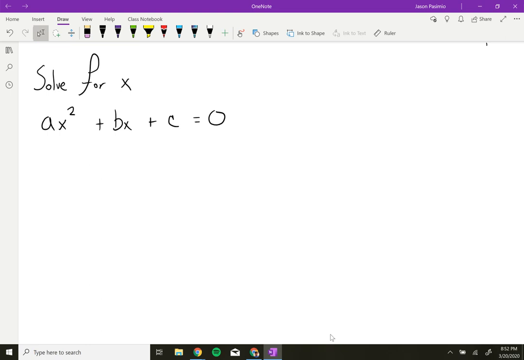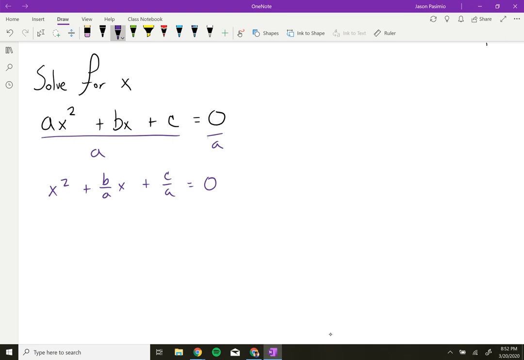So, if I wanted to solve this one by pseudographing, just like last time, I want to get rid of that leading coefficient. So I'm going to divide everything here by a. So that's going to give me x squared plus b over a x plus c over a is equal to 0.